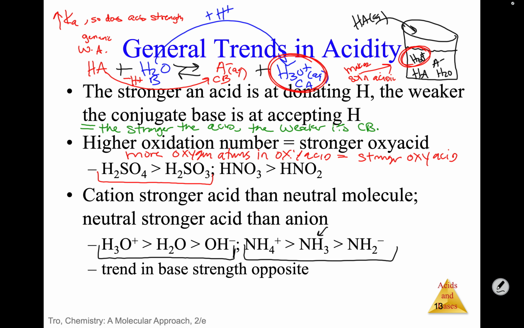Nitrate is NO3 minus, ate becomes ic, nitric acid. I remember that because if I ate acid, it'd be icky. So ate becomes ic acid, because all of your polyatomic ions end in ate or ite. Nitrite: ite becomes ous, nitrous acid.